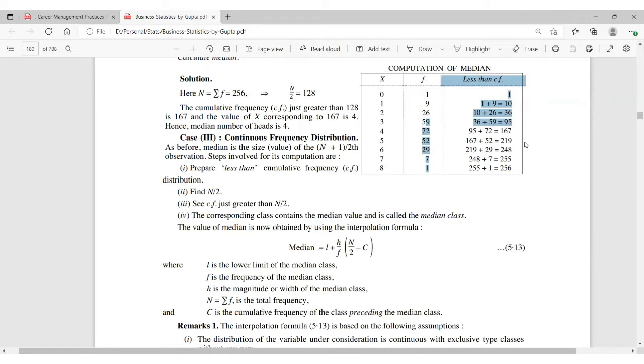The corresponding value of 95 is 3. Yes, so the median is 3.